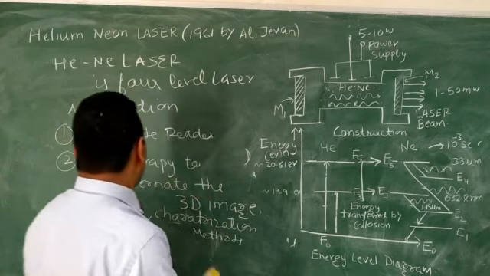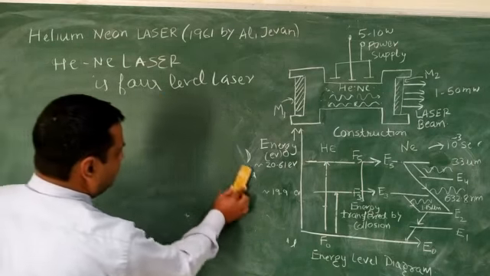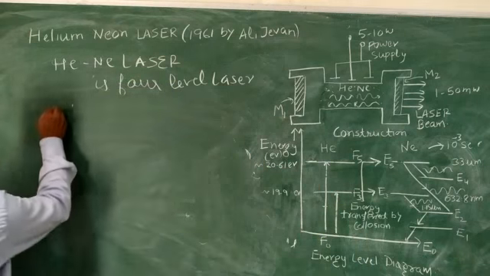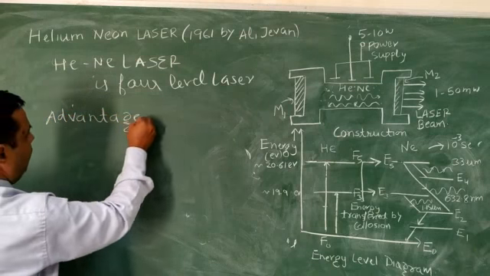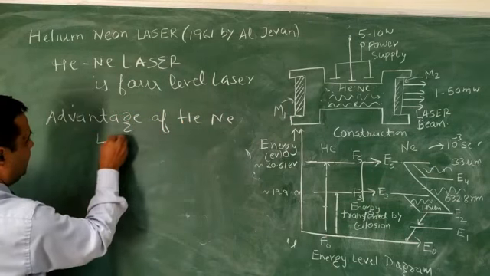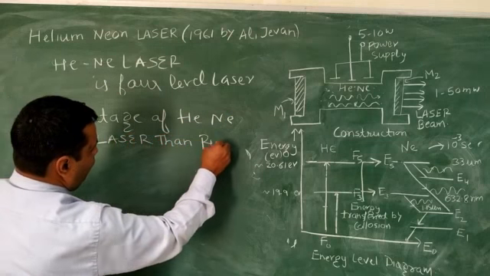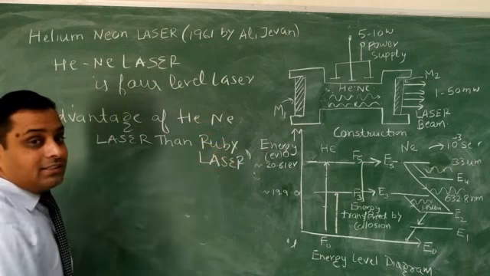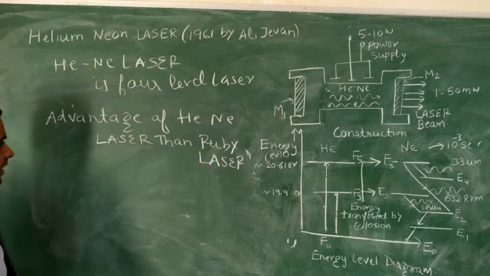And the other question will be, why is the helium neon laser, which is a gas laser, superior to the ruby laser, that is the solid state laser? The next is the advantages of helium neon laser over ruby laser. Ruby laser is basically the solid state laser. We already discussed it in the previous lectures.